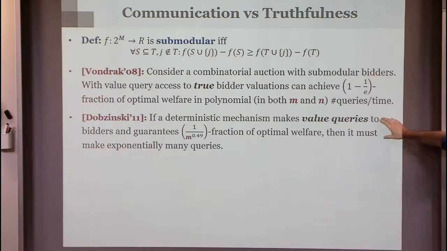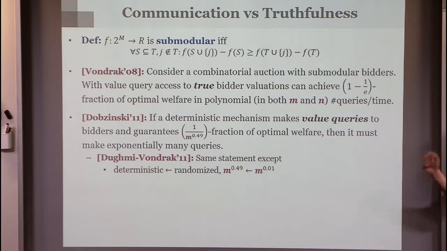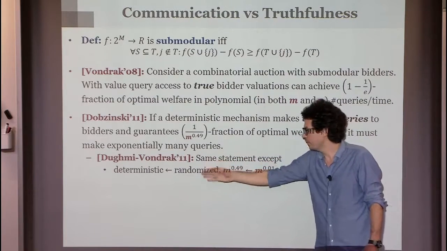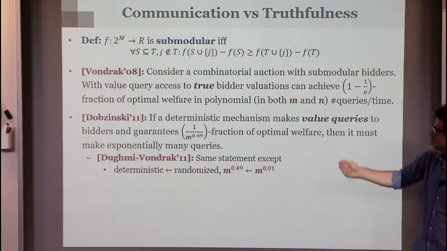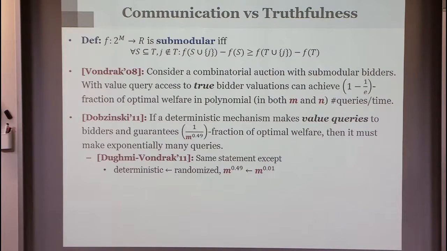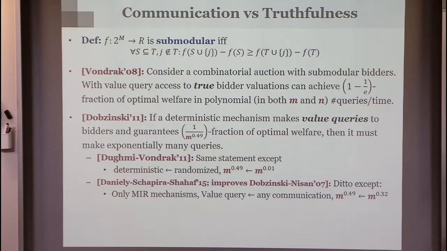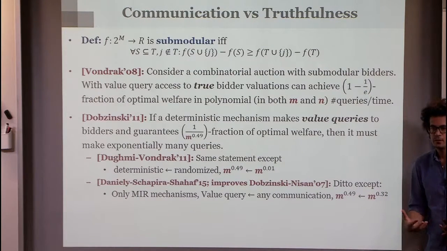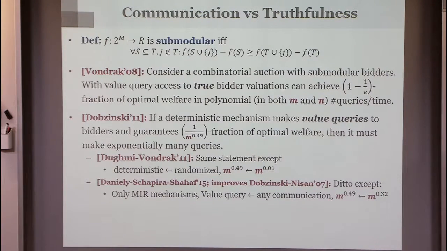This is restricted to deterministic mechanisms, but there are results covering randomized mechanisms with a bit weaker bound, but this is already pretty bad. And also results that even cover any type of communication with a bidder. These are some example results. There is a long line of research that actually studies this problem.